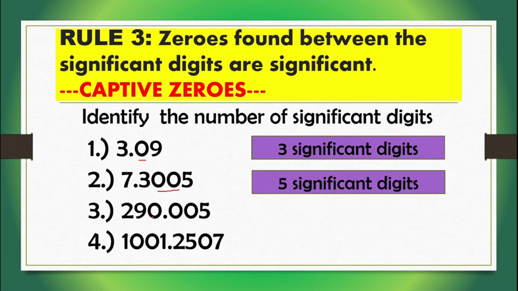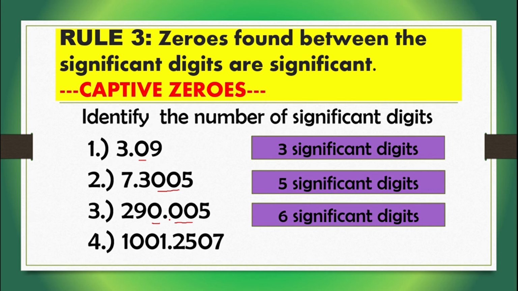Next, for number 3. As you observe, we have here 0 on the left side of the decimal point and 2 zeros on the right side of the decimal point. But since these zeros are found between significant digits, then these zeros are significant. So if we count them, you will have 1, 2, 3, 4, 5, 6 significant digits.